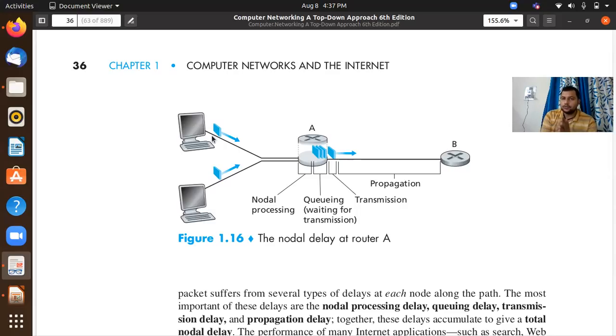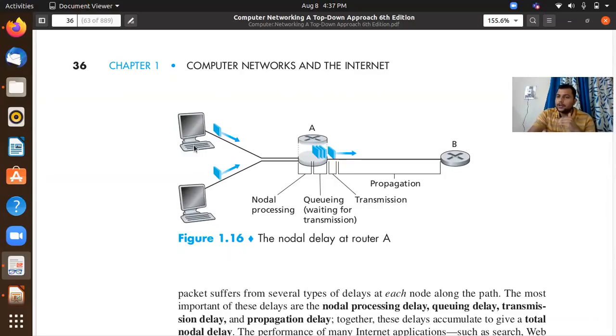Suppose a packet at this node comprises 10 bits. It has to put 10 bits over the wire, because until and unless this node puts the packet over the wire, it is not going to propagate. So the time spent to push all the 10 bits over the wire is called transmission delay.